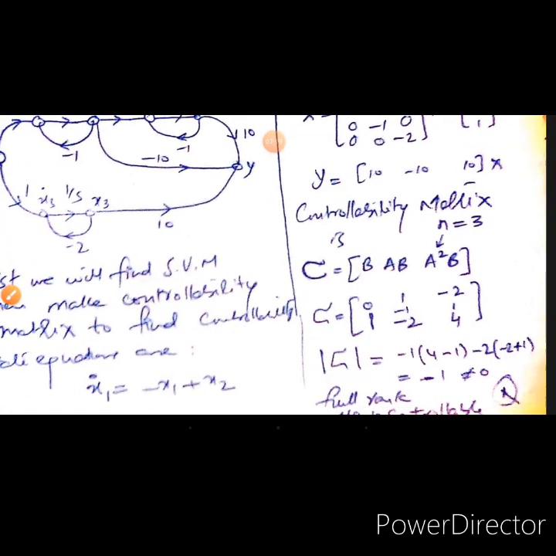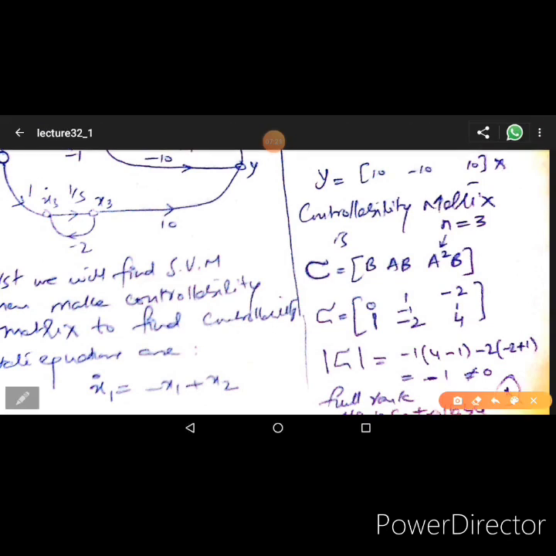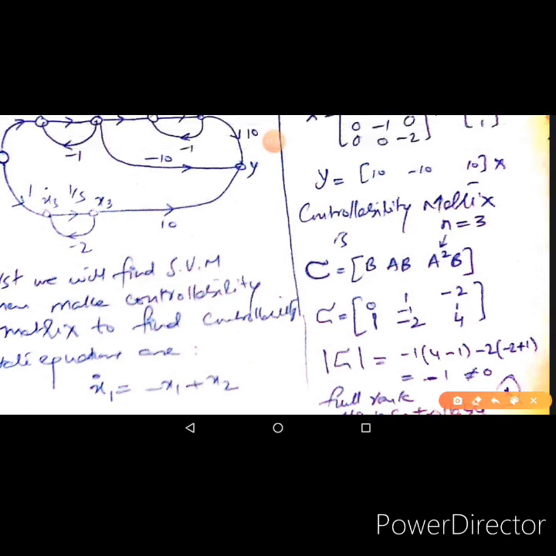In the controllability matrix, what we do is that we will make this matrix B, AB, A square B. And since you can see that in the system matrix the number of state variables is 3, therefore the order of the system is 3. So we take A in the controllability matrix up to n minus 1, that is A square.